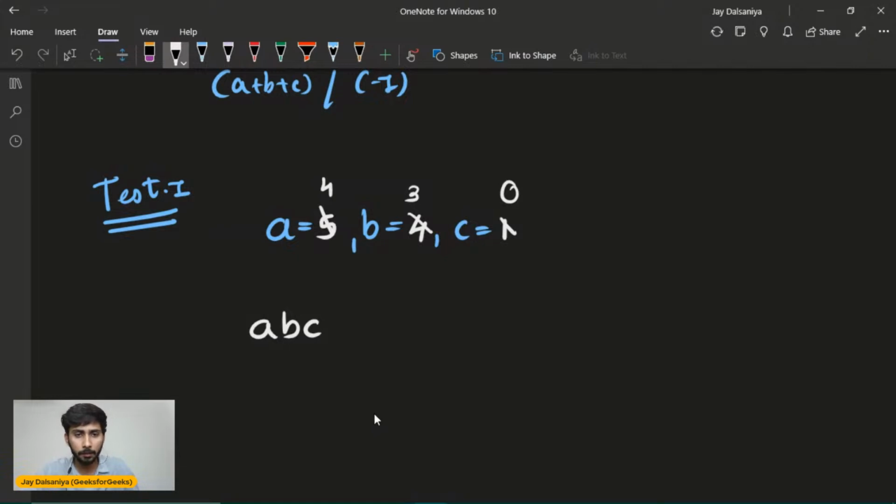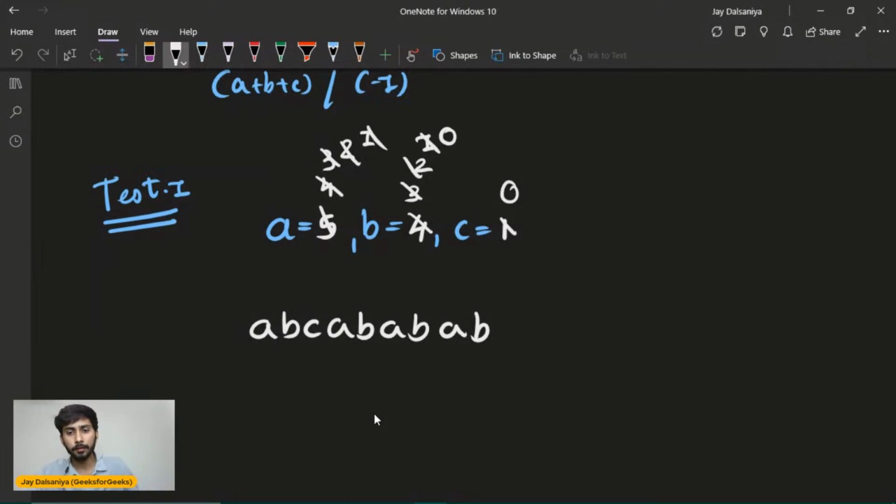Now we have only A and B. Let's place A, then B, then A, then B, then A, then B, then A. So this was one of the possibilities, right?